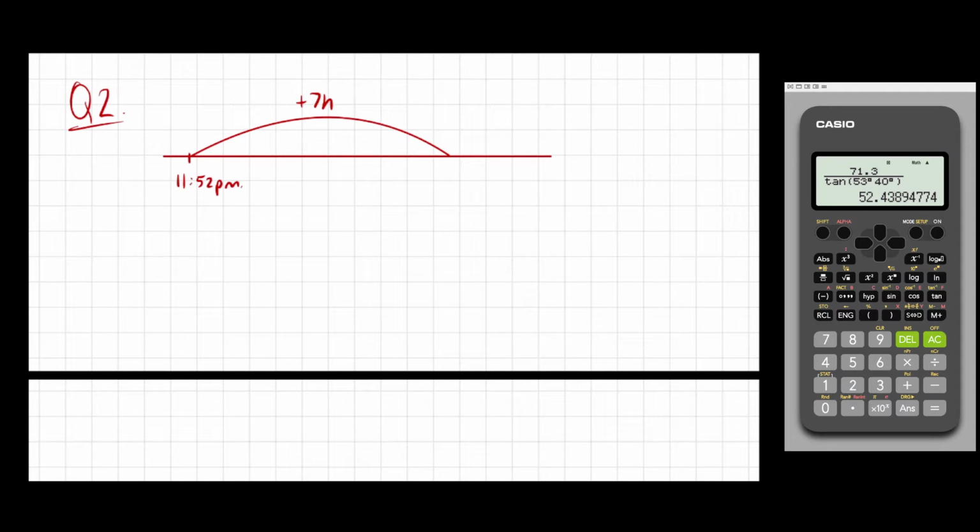Well, let's think about it. We go to 12:52, 1:52, 2:52, 3:52, 4:52, 5:52, and then 6:52. So 7 hours is at 6:52 a.m. Now we can add an extra 8 minutes.